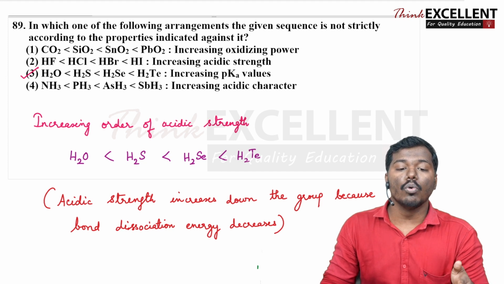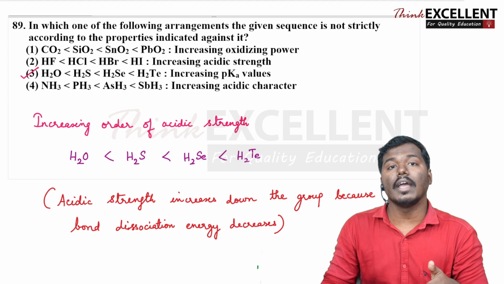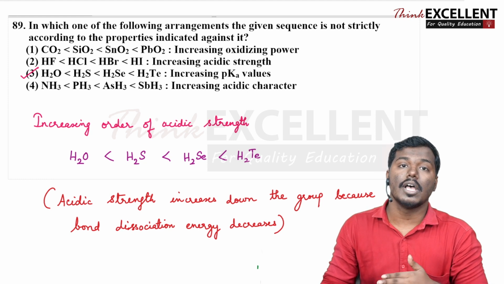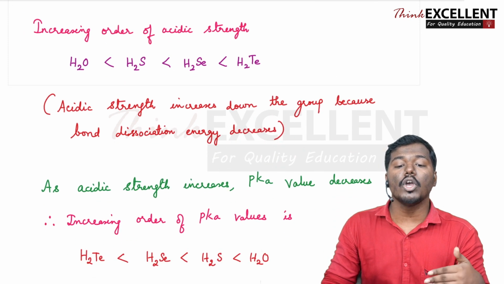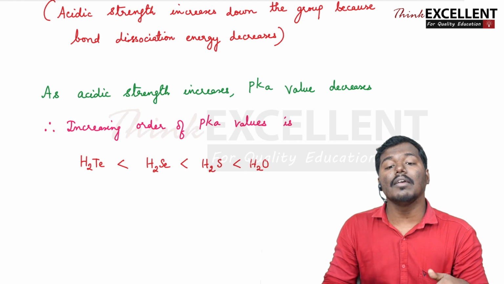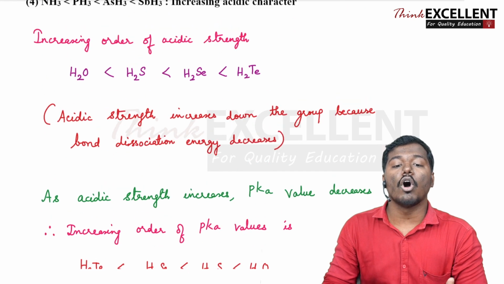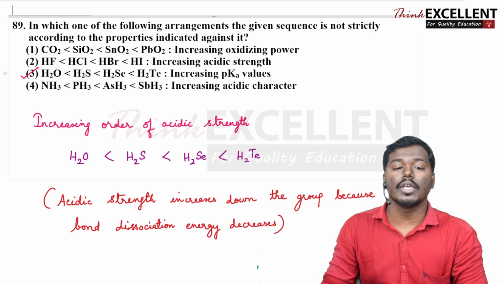When you move down the group, the acidic strength of these hydrides increases. So acidic strength increase agudana, the pKa value opposite ah irukum. As the acidic strength increases, pKa value decrease agum, but in opposite manner la kuduthirukanga, so it is the wrong option. Okay, so option 3 is the incorrect one.